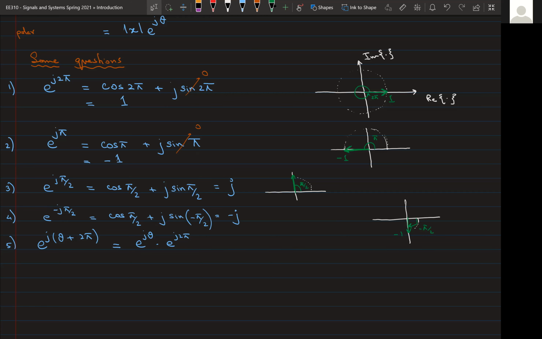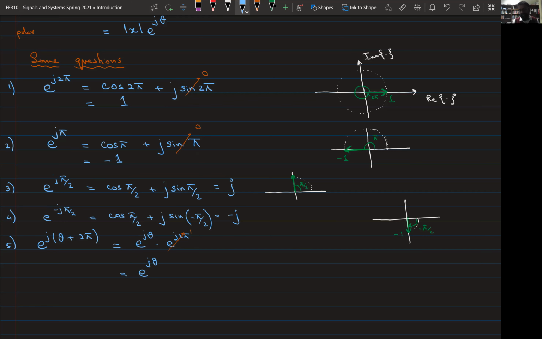Right? But I know from what we've done up above that e raised to j 2 pi is nothing but 1. So this is 1. So therefore, this is nothing but e raised to j theta. So there's an inherent ambiguity here, or an inherent periodicity, if you will, of 2 pi somewhere down the line.